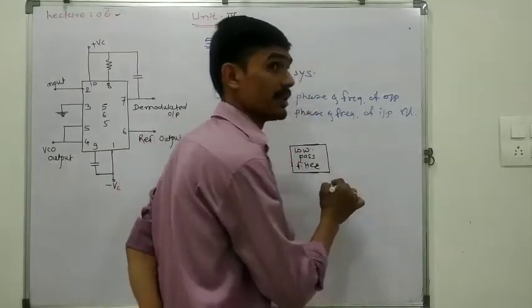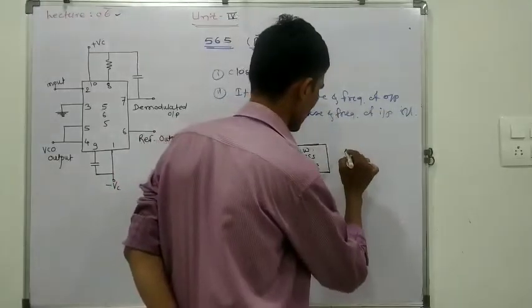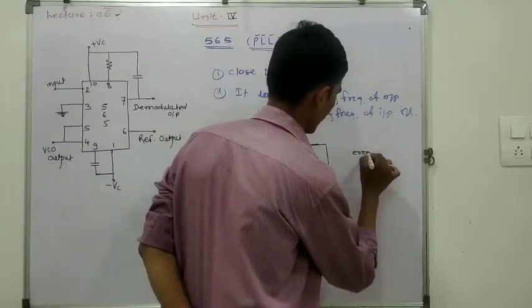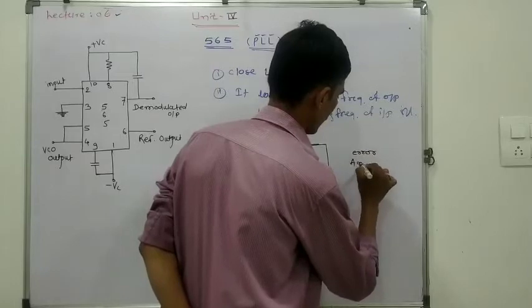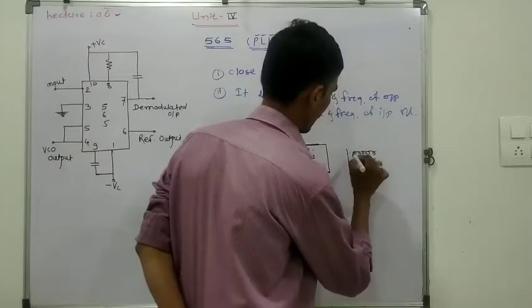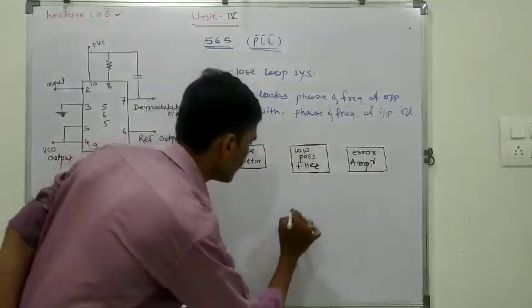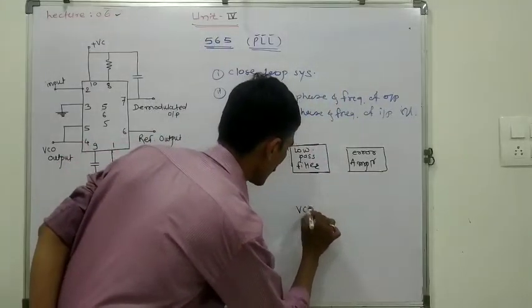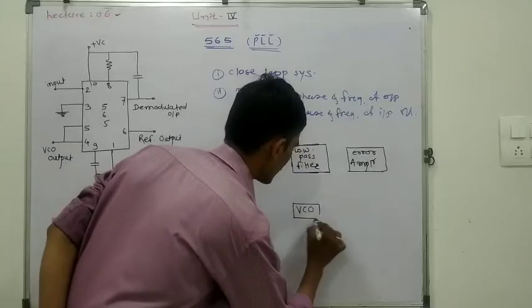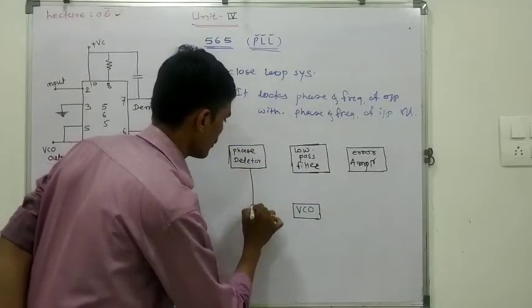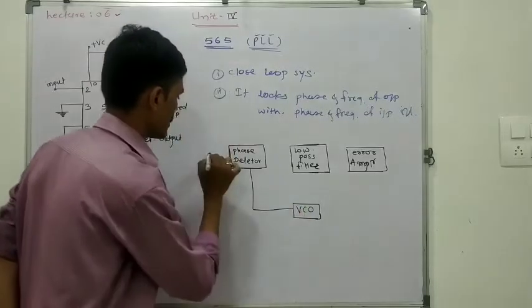The third block is what we call the error amplifier. The output of the error amplifier is given to the VCO, that is the voltage controlled oscillator circuit, and the output of the voltage controlled oscillator is given to the phase detector.